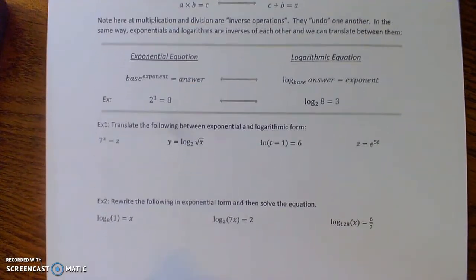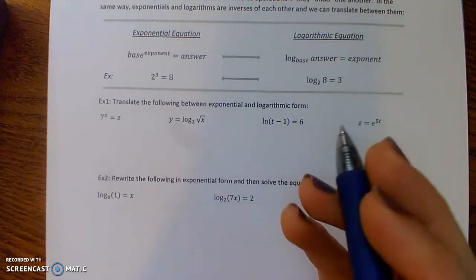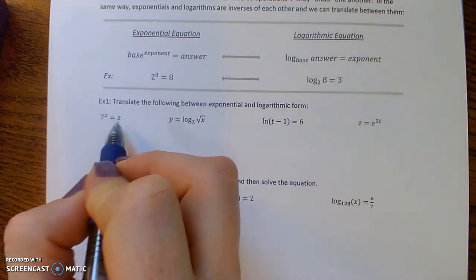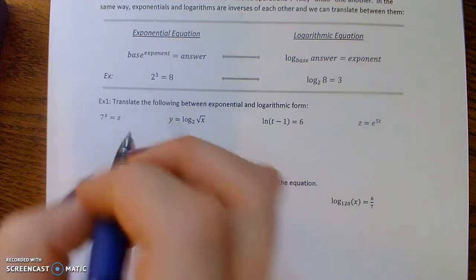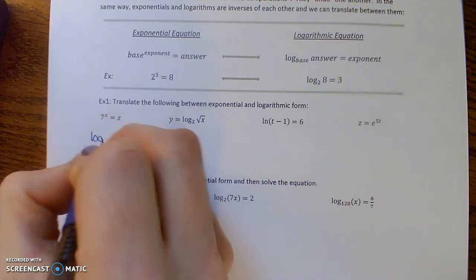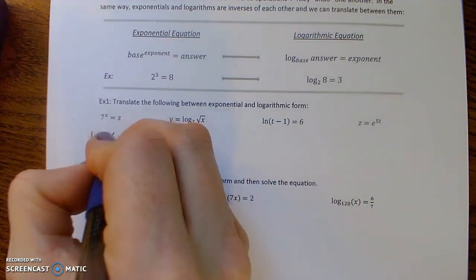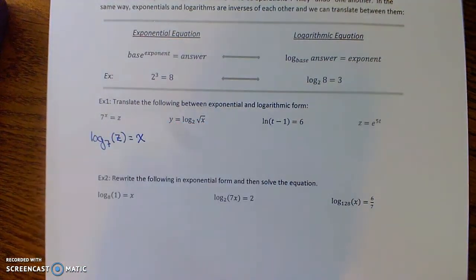Let's get some practice converting between exponentials and logs. Here we have 7 to the power x equals z. The corresponding logarithmic fact in this fact family would be log, with base 7, the same as the base of the exponential. So log base 7 of z is equal to the exponent, x.